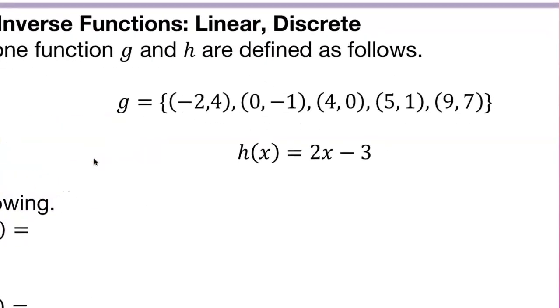So look, I'll do it right underneath g. We're going to write ordered pairs for g inverse. Okay, you just switch x and y. So switch -2, 4. The first ordered pair you have is 4, -2.